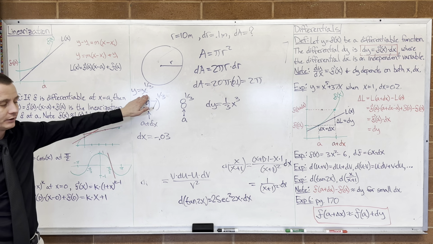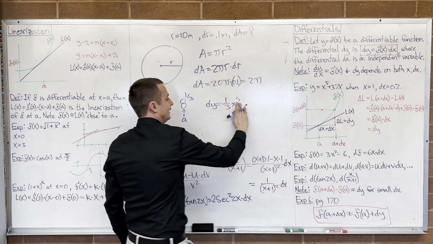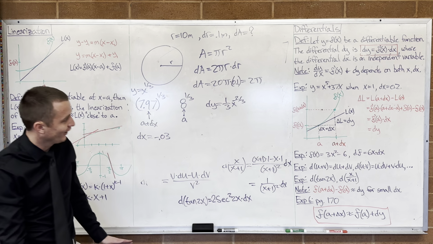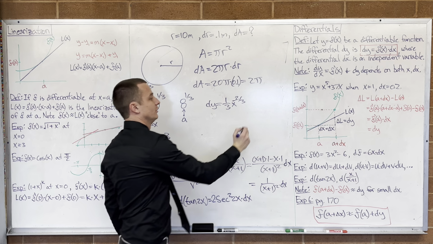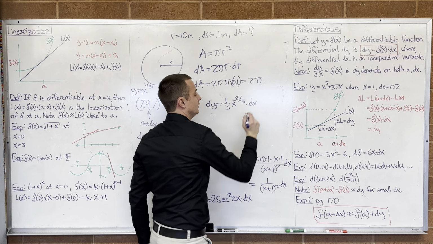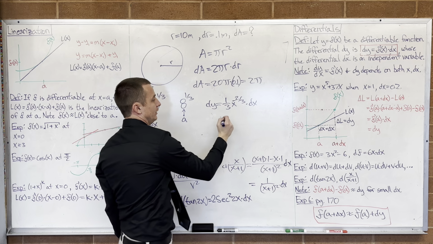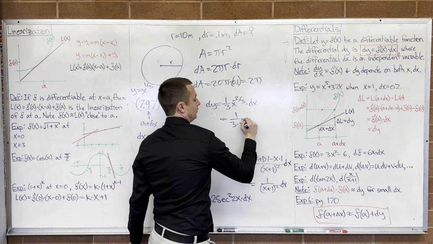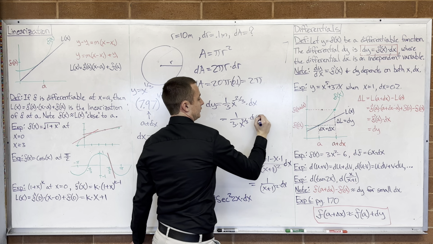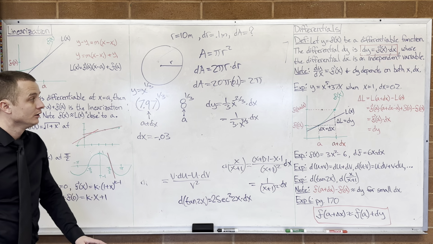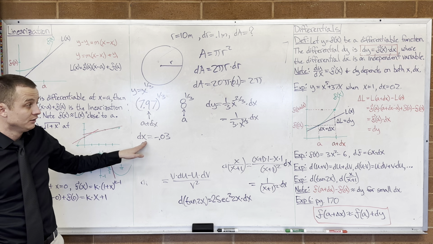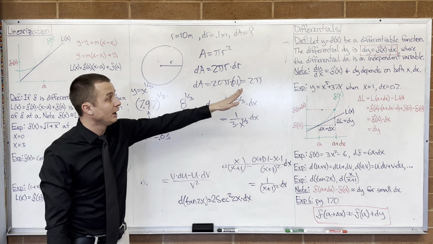Okay, so we're taking the derivative of this. Bring the 1/3 down, and it becomes x to the 2/3 power, times dx. In other words, we can write this as 1 over 3 times x to the 2/3, all times dx. Now we know our dx, and we know the point that we care about, our a.